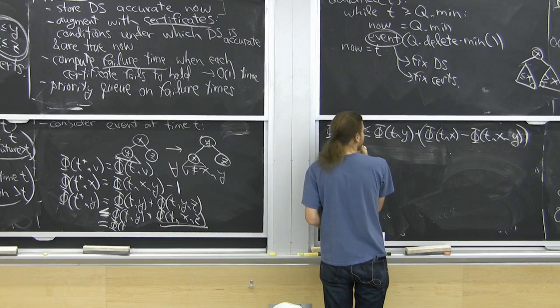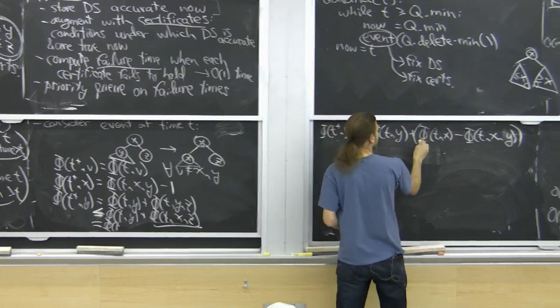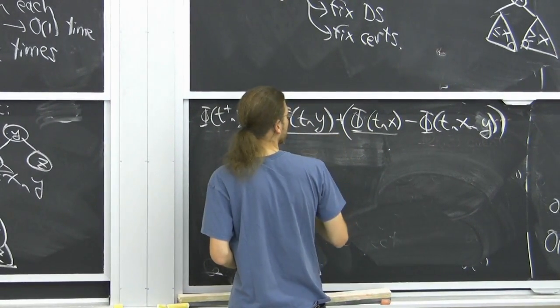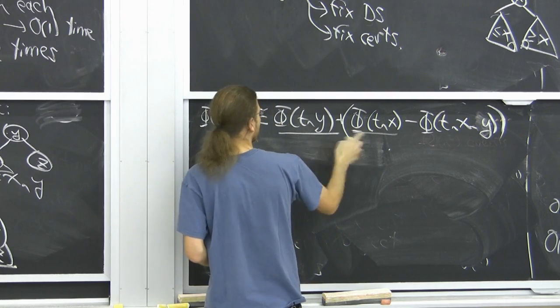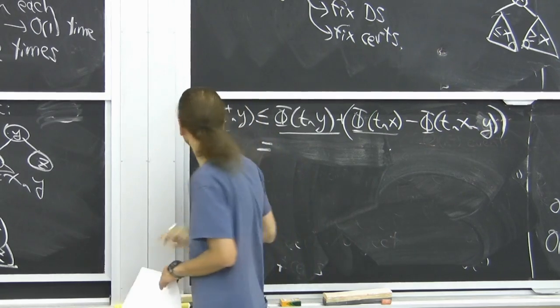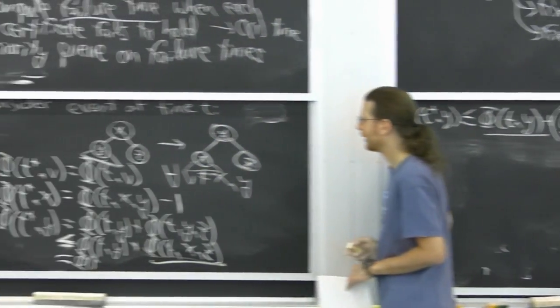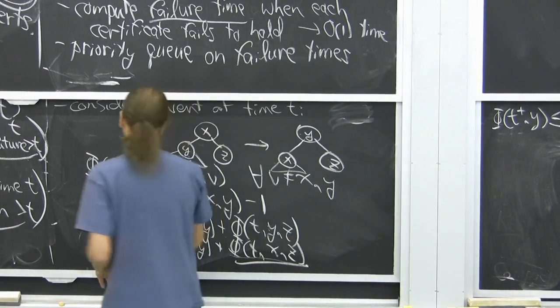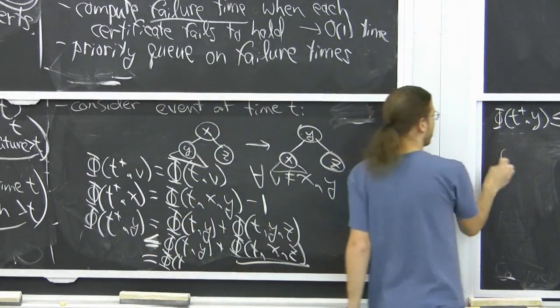Now, do things simplify? I hope so. Phi of ty. These two things. OK. Not so pretty. What we care about is the sum of these things. We care about the sum, the overall potential.